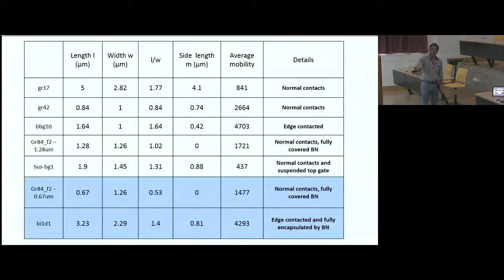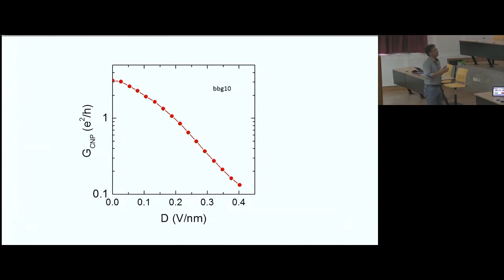Typical mobilities are not great because of the contact resistance, but the characteristics are very similar. There's a reason why I colored these 2 separately, and I'll come to that later on. Let's see how the electrical conductance varies as a function of the electric field when my Fermi energy is right at the charge neutrality point.